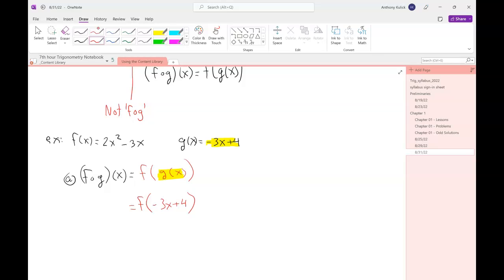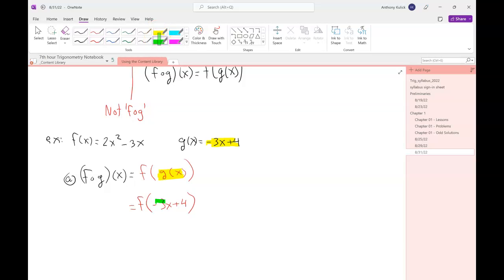If this was like f of 7, what would I do? I'd plug 7 in for x, right? If there was an a in there, what would I do? Plug a in for x. If there's a 3x plus 4 in there, what am I going to do? Plug 3x plus 4 in for x.